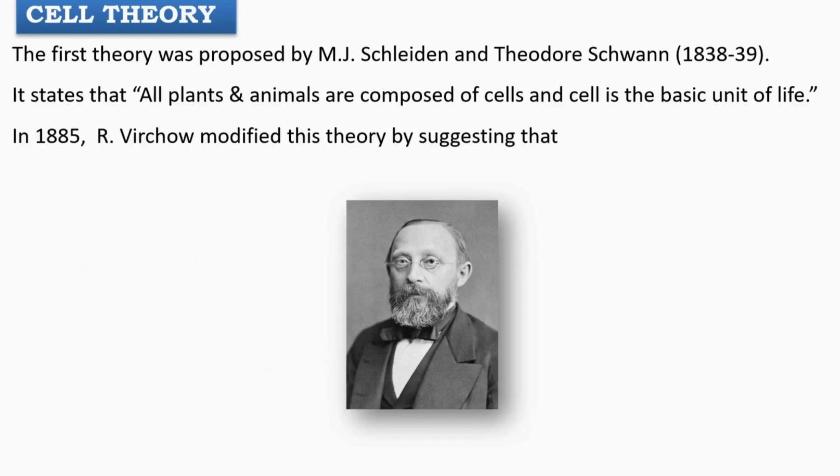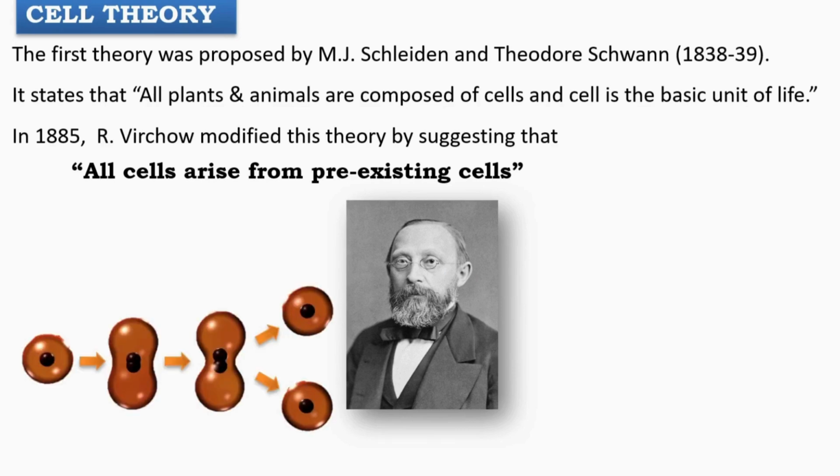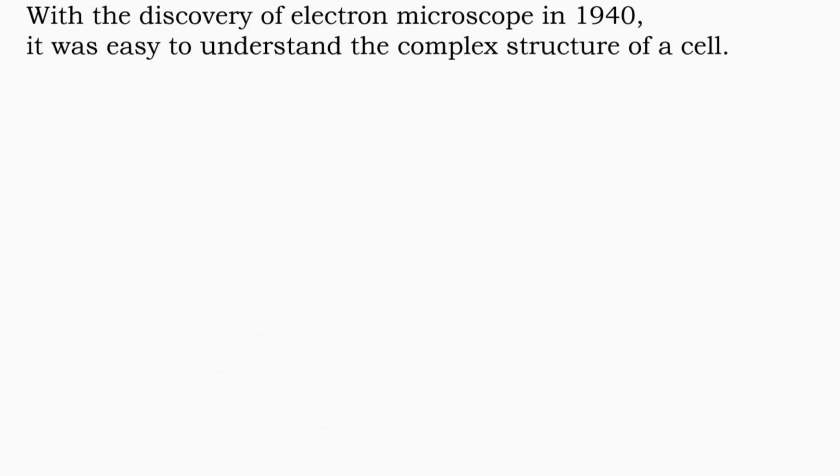In 1885, R. Virchow modified this theory by suggesting that all cells arise from pre existing cells. With the discovery of electron microscope in 1940, it was easy to understand the complex structure of a cell.